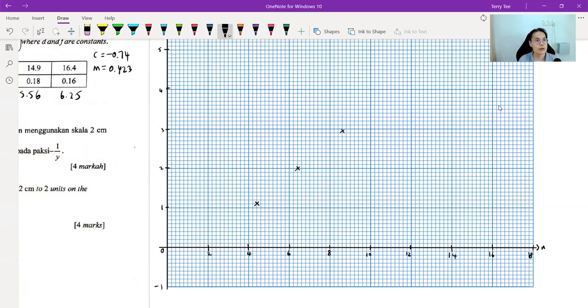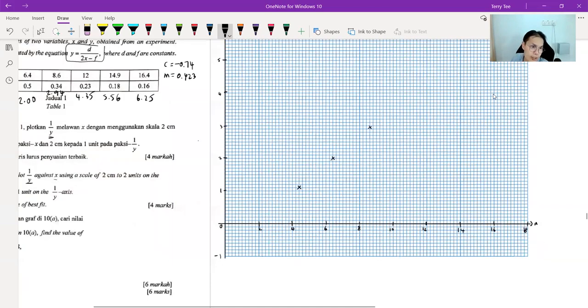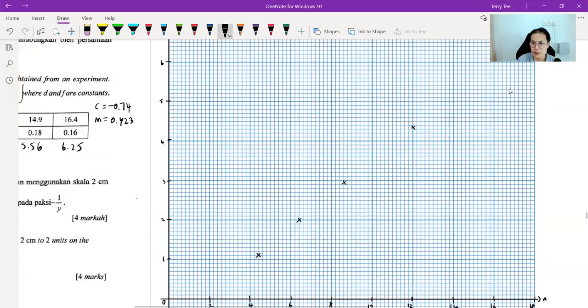Next one, 14.9 and 5.56. Okay, is this the next one? No, 12 and 4.35. 4.35 is in between. Yeah. Next, 14.9 and 5.56. 14.9 is close to 15, in between, and 5.56 will be in between.